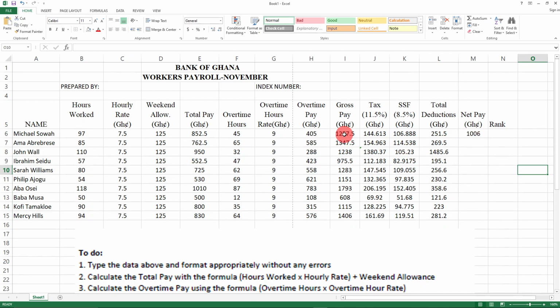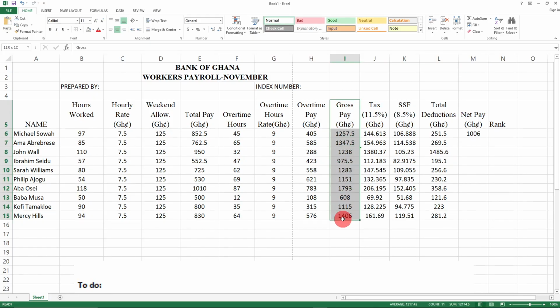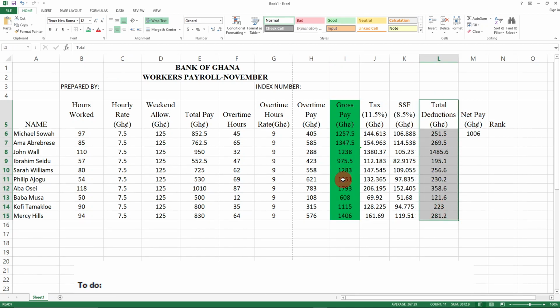So we subtracted this from this. Michael will be going home with 1,006. Let's do Amma too, it's the same thing. We are subtracting this; let me highlight it, this and this.